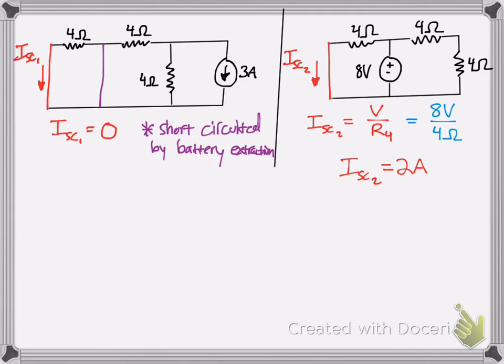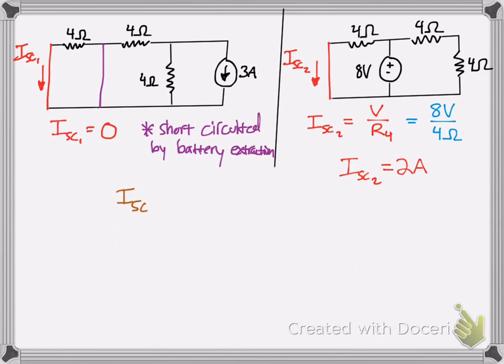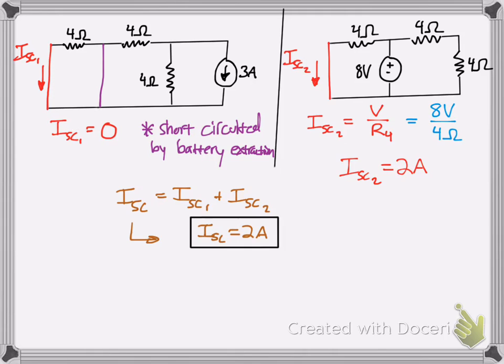All we have to do to find the total short-circuit current for the original problem is sum the short-circuit currents for each of them. So we get 0 plus 2 is 2 amps, and that is how you do the current part.